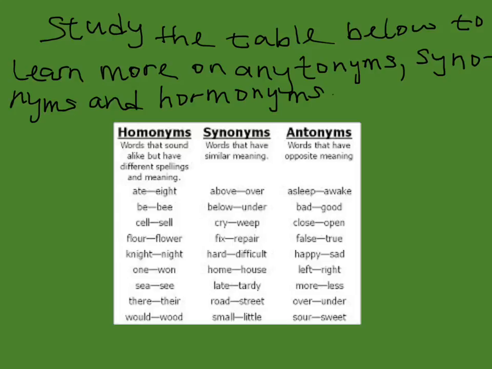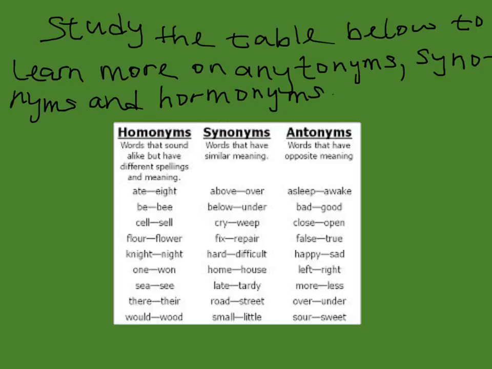So you will learn how to use other words to mean other things, and you know the opposite of other words, and you also know words that sound the same, so as not to be confused when writing. So as you can see, homonyms are words that sound alike but have different spellings and meaning. Synonyms, words that have similar meanings. Antonyms, words that have opposite meaning.